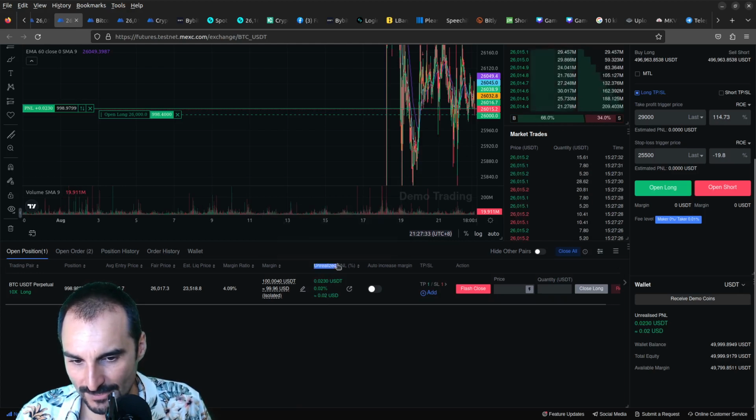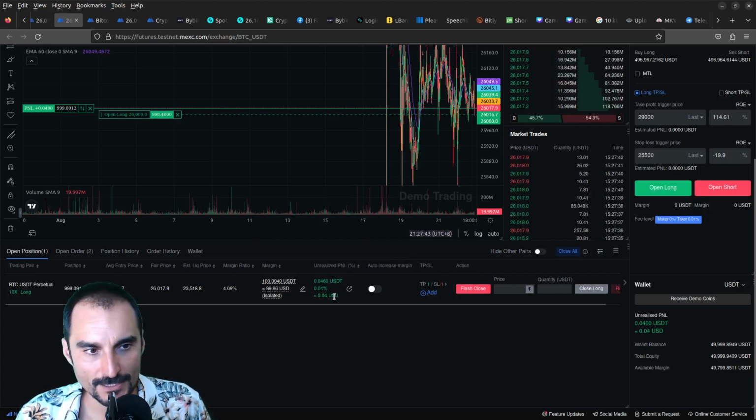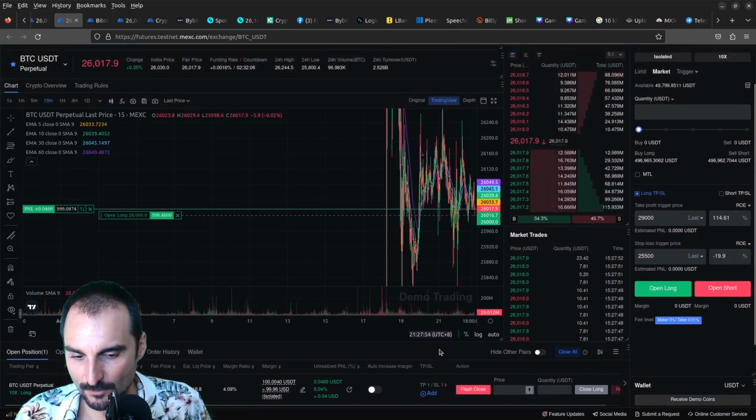And what it says here about unrealized PNL, which is the profit and loss, what we are earning now directly. Now we are directly earning $0.04 because the price of Bitcoin has risen a little, okay? And we have entered 2616, okay? And that would be a bit like how futures work.